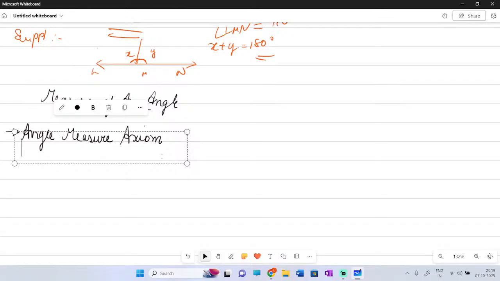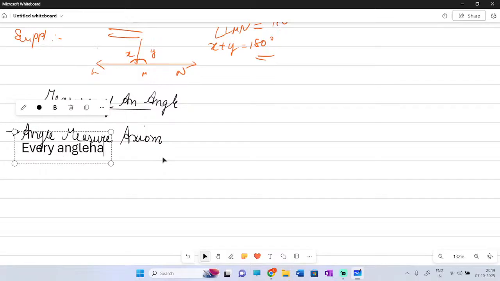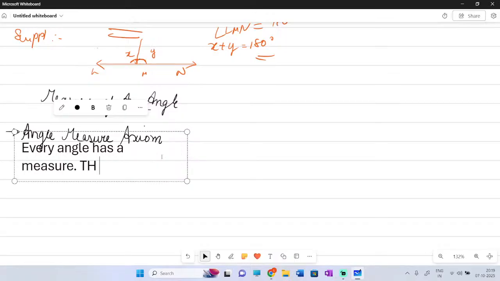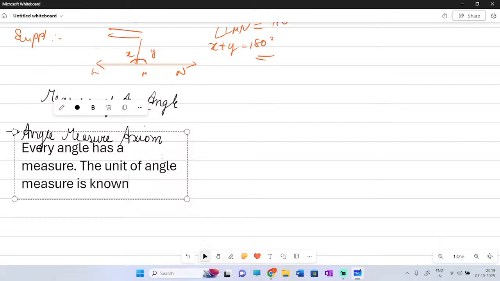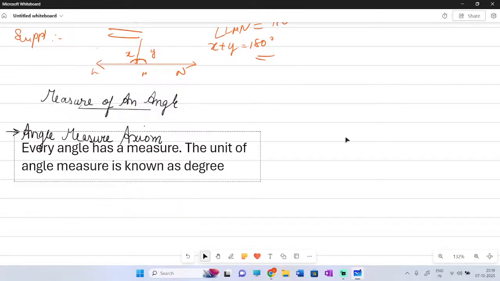Every angle has a measure. No, it's not a big axiom. Every angle has a measure. The unit of measure is known as degree. It's a very simple axiom. I'll type the other one also, don't worry.